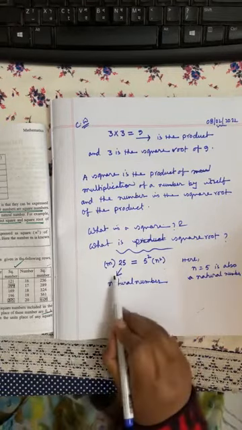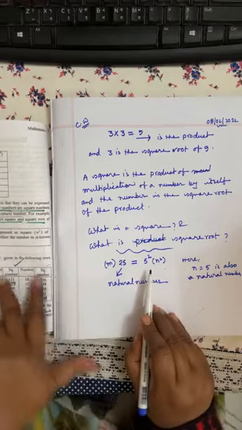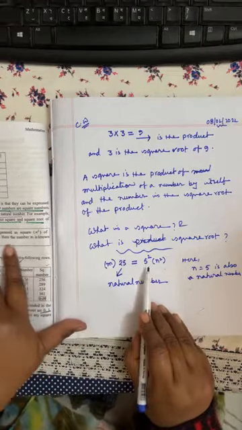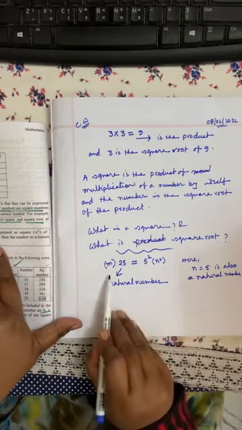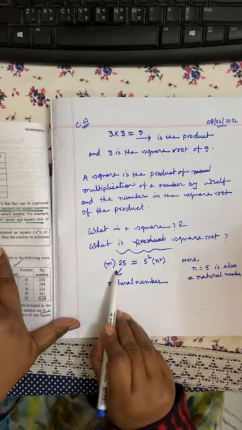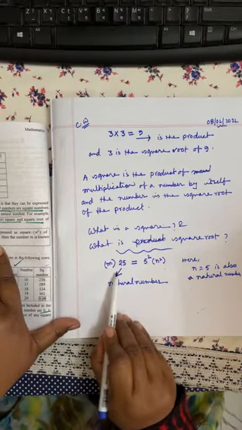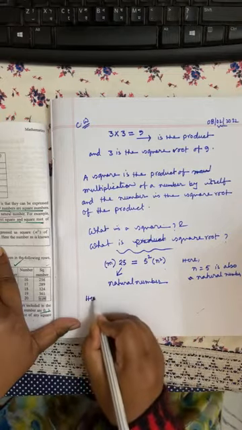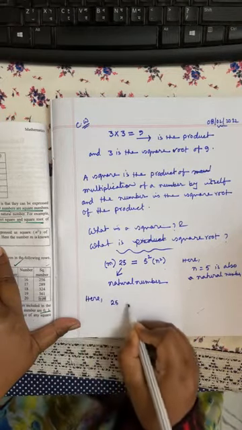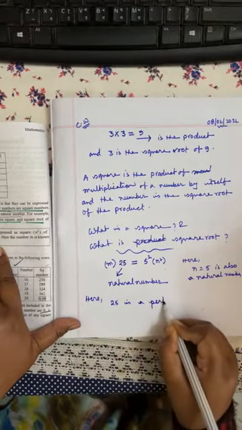So when a natural number can be expressed as a square of another natural number, then this number is known as a perfect square number. Here 25 is a perfect square number.